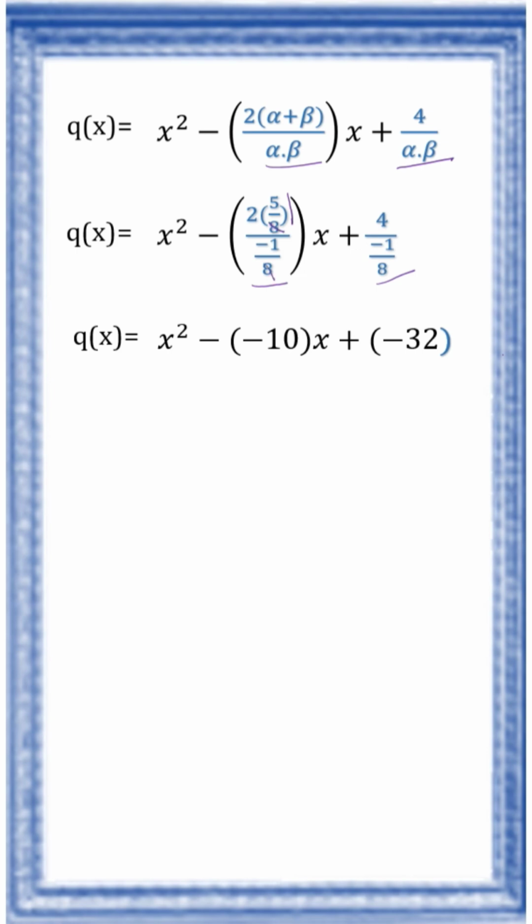Here negative value, so negative of 2 into 5, 10, so negative of 10x, and here it goes to the numerator, negative of 8 into 4, that is 32. So q of x is equal to x square plus 10x minus 32 is the required polynomial.